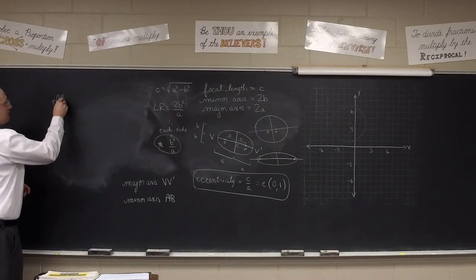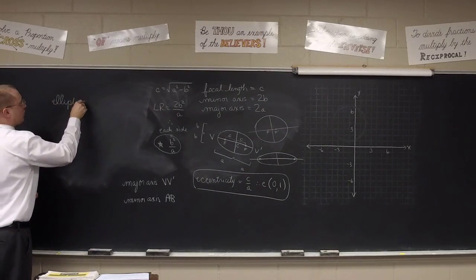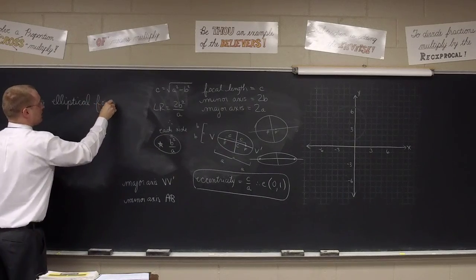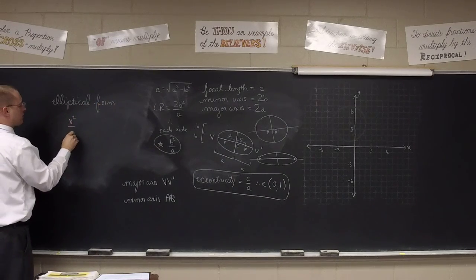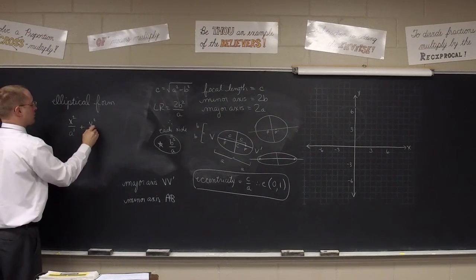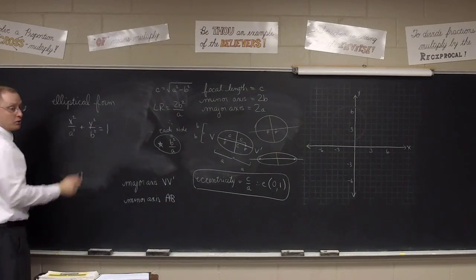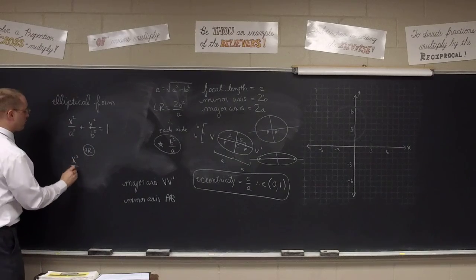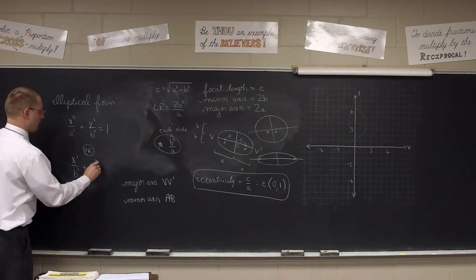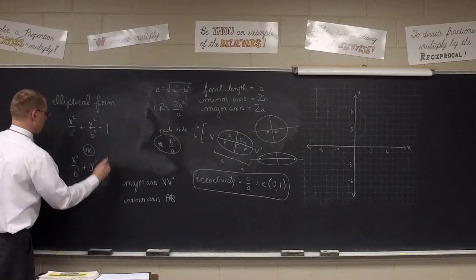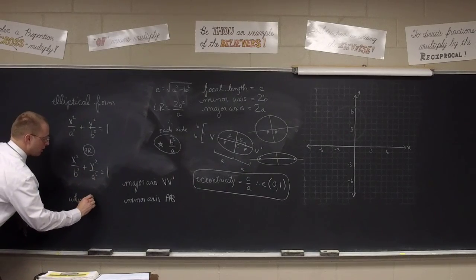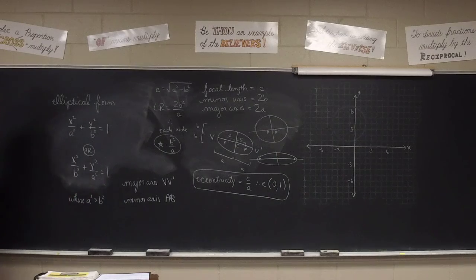For the ellipse, the elliptical form is x squared over a squared plus y squared over b squared equals 1, or x squared over b squared plus y squared over a squared equals 1, where a squared is greater than b squared.